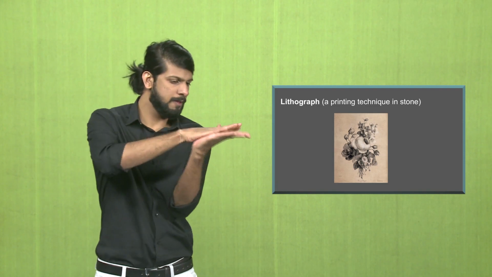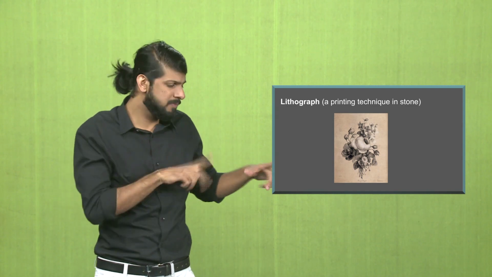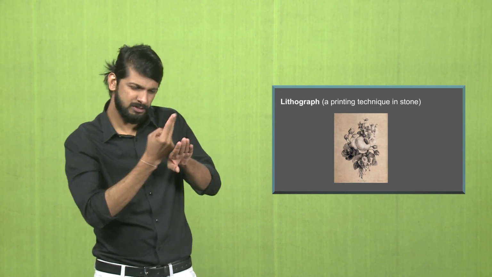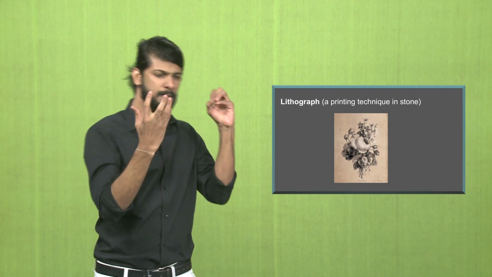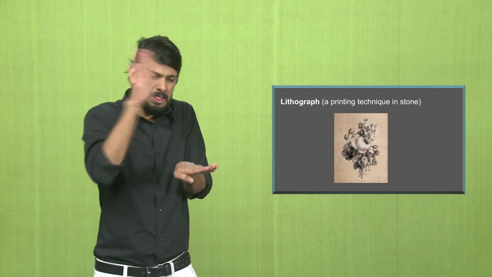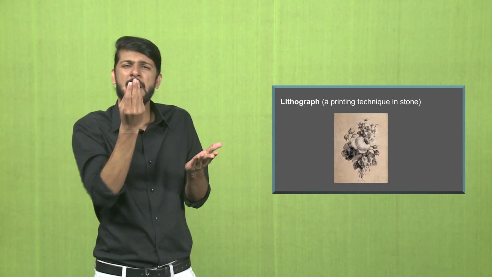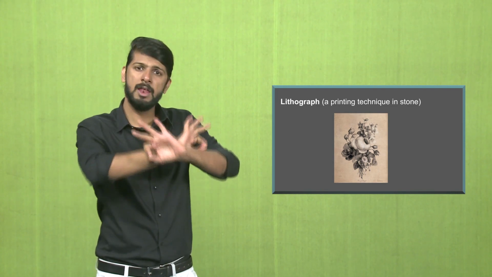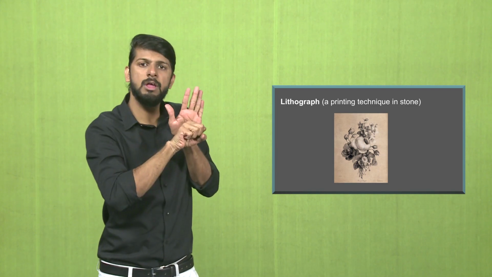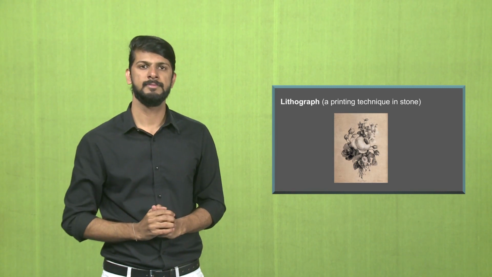The art of drawing on stone, there are various ways where you etch or you use crayons or different kinds of colors, maybe charcoal on stone, and to depict light, shadow, the intensity, etc. Various kinds of processes are used, and after that, when the print is ready, you use a paper on the stone and then you press it, which then puts the print on the paper. This is lithograph.